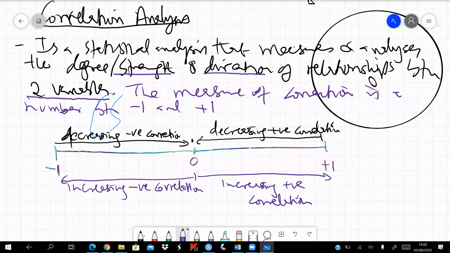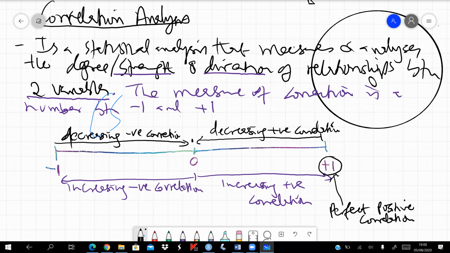If your measure of correlation is at this point, that is +1, this point is called perfect positive correlation.